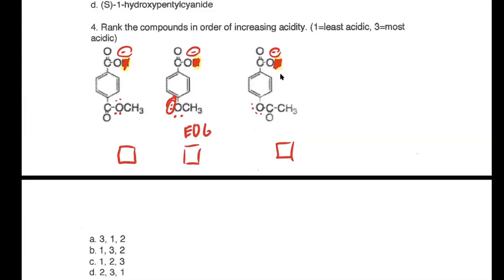So if we had our standard boxes here, of course, the middle one is going to be the least acidic because its conjugate base is the least stable. Now, if we're comparing between the other two, which one is more electron donating?